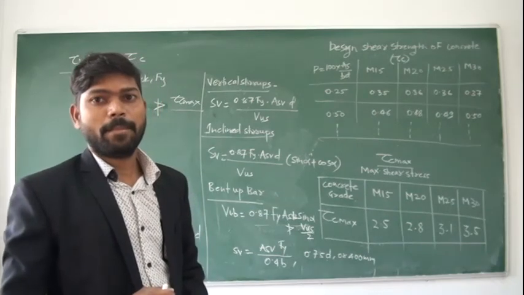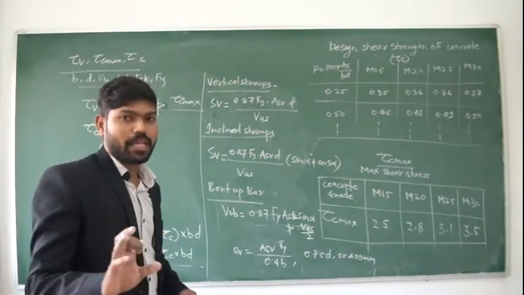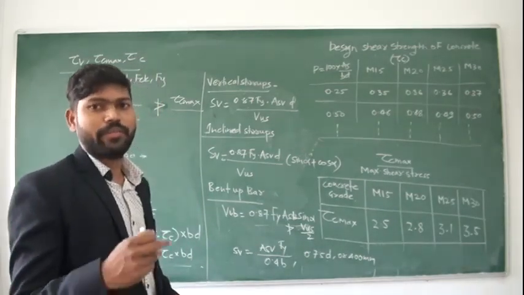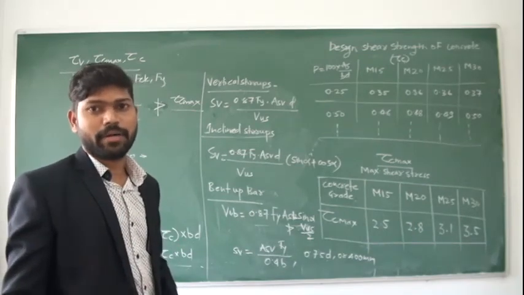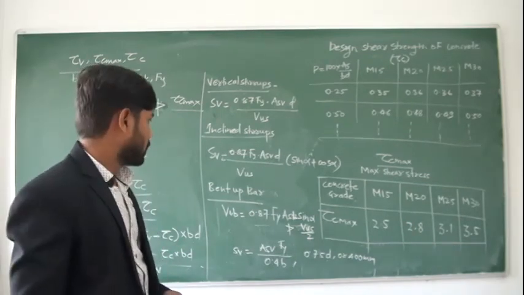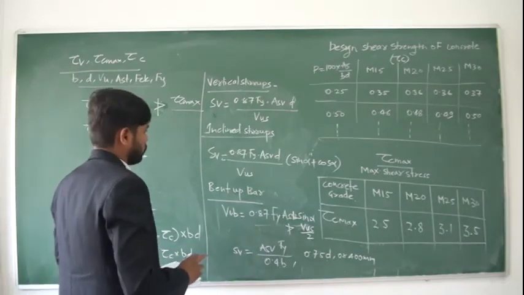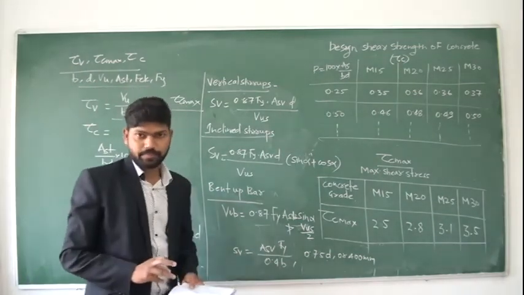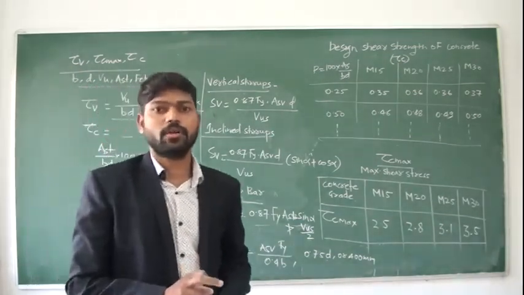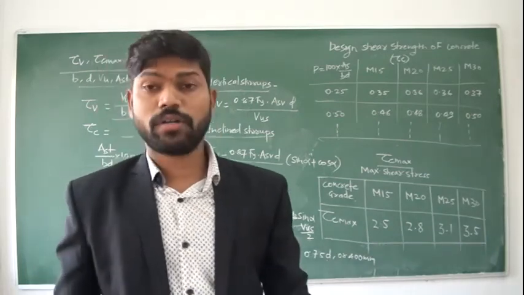But vertical stirrups can do that. You can provide vertical stirrups without providing bent up bar. That is okay. So this is the procedure of design of shear reinforcement.